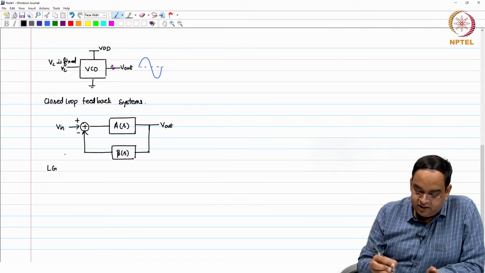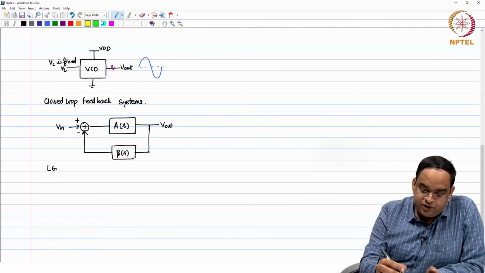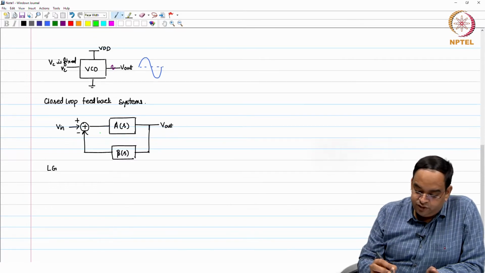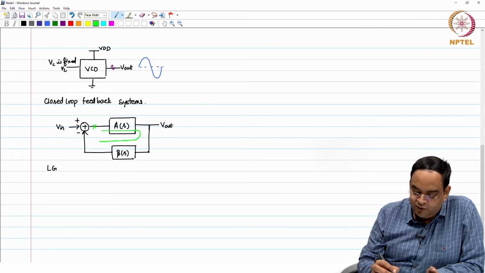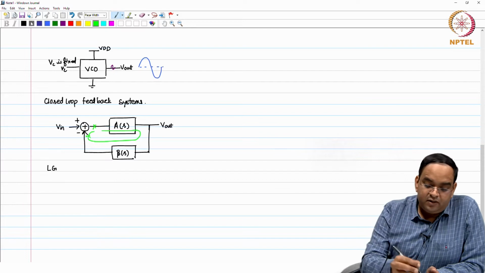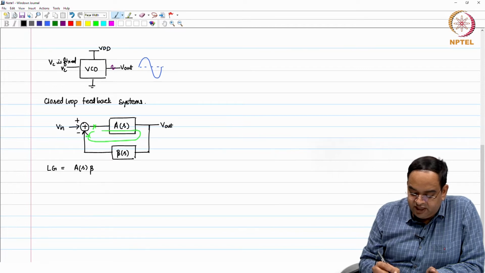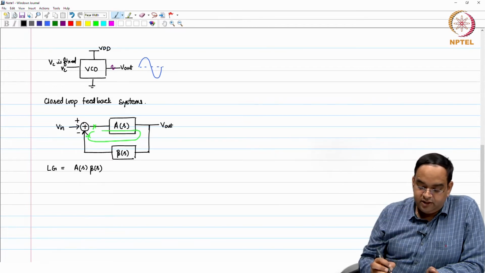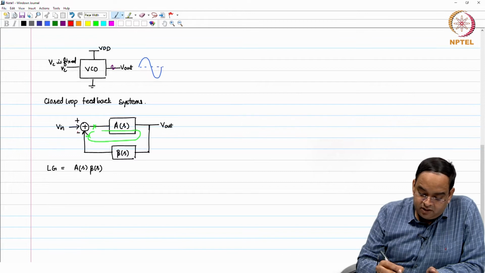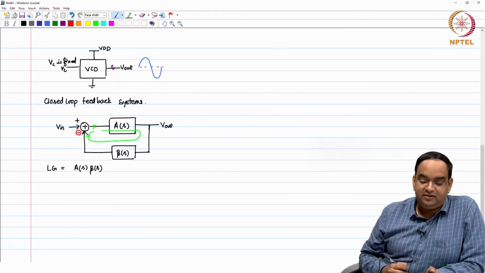Loop gain is the gain which you get as you break the loop and go around the loop. Okay. So, here the loop gain is equal to A of s times beta of s. We have to keep in mind that there is a negative sign in the feedback. This is important.